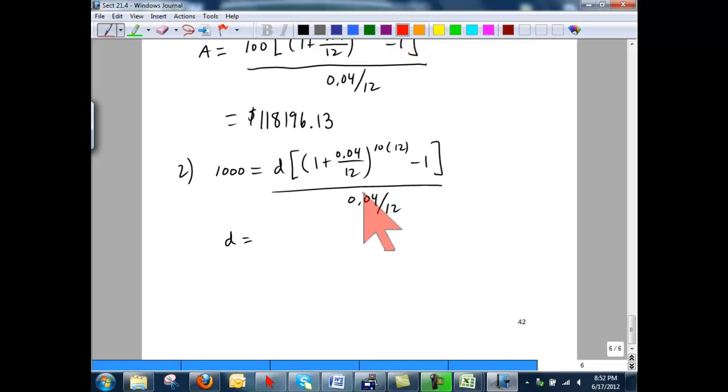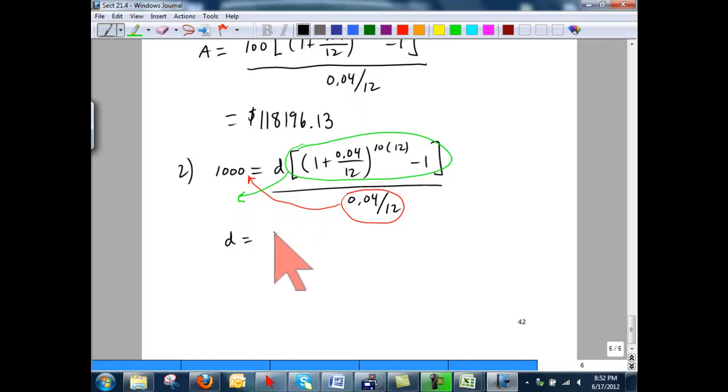What I'm going to do now is take the $1,000 and first multiply both sides by this denominator. So in other words, that comes up here, and then I will take both sides and divide by this expression in brackets, and so it's going to be bringing it down to the denominator.